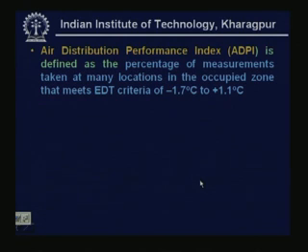Air distribution performance index or short form ADPI is defined as the percentage of measurements taken at many locations in the occupied zone that meets EDT criteria of minus 1.7 degree centigrade to plus 1.1 degree centigrade. That means, let us say that in an air conditioned building in the occupied zone you take 100 measurements, at various points, and out of the 100 measurements 80 measurements fall within the EDT range of minus 1.7 degree centigrade to plus 1.1 degree centigrade.